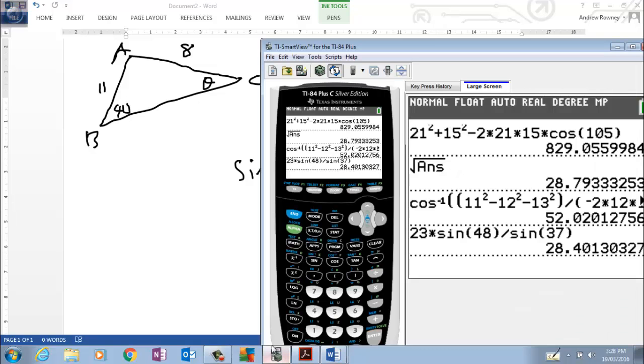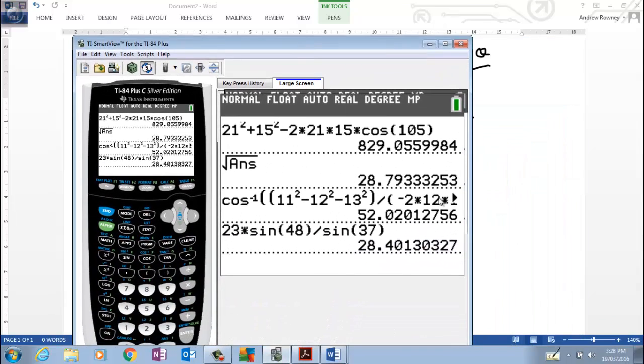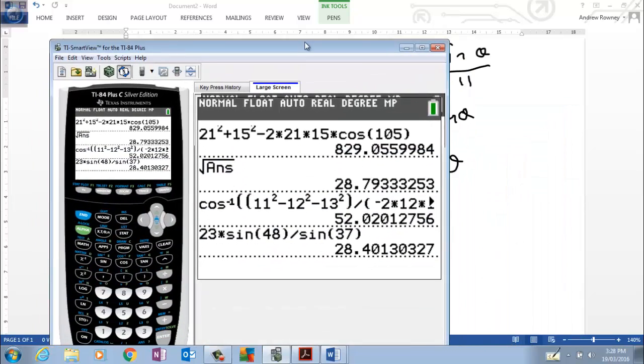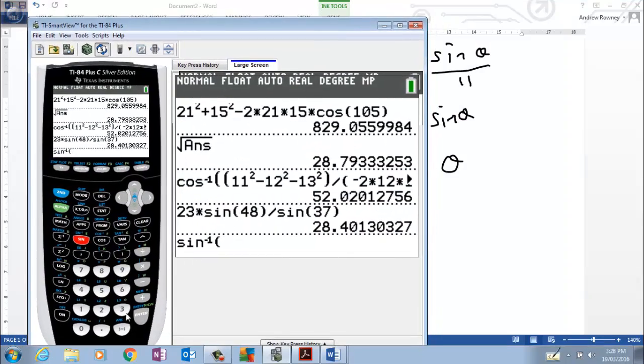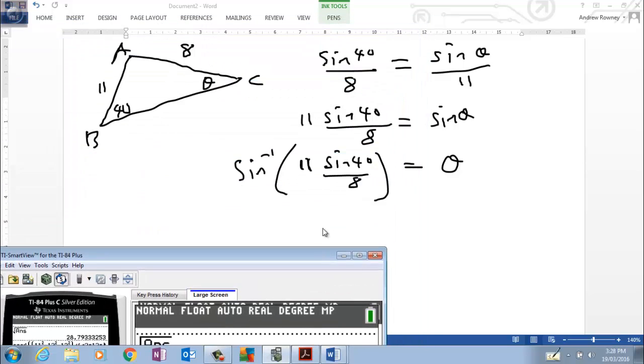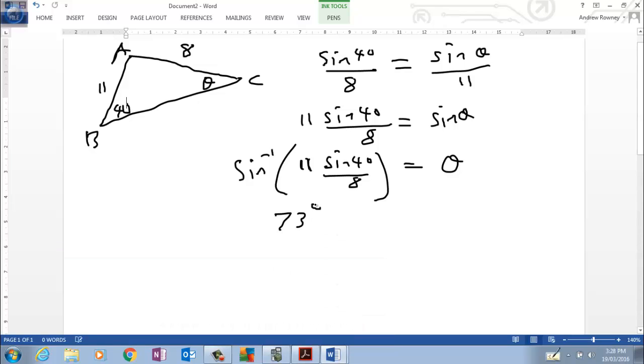Now put that in the calculator: shift sine of 11 times sine 40 divide 8, close bracket, and so our answer is 73 degrees.